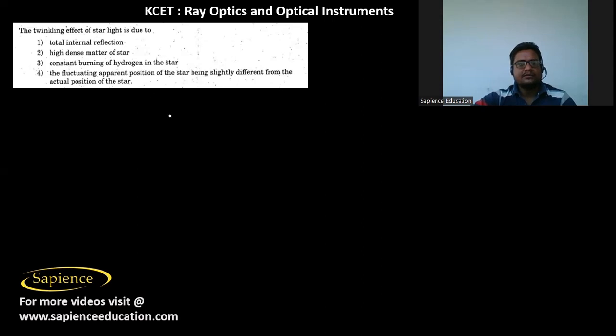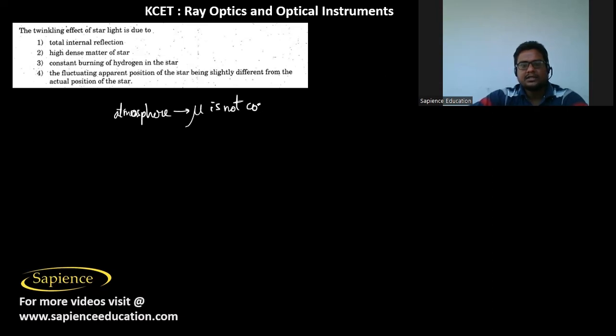The twinkling effect of starlight is due to the fluctuating apparent position of the star being slightly different from the actual position of the star. The twinkling effect of starlight happens due to the changing refractive index of the atmosphere. In the atmosphere, the refractive index mu is not constant, it is constantly fluctuating.